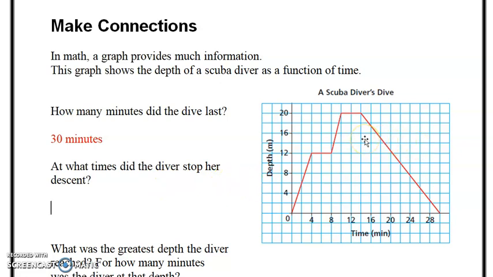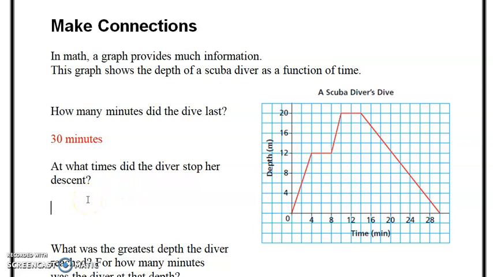So descent means continuing to go down. If any of you have taken Science 10 already, you've looked at these when you've looked at position time graphs and displacement time graphs and distance time graphs. So when time continues but the depth doesn't, that's when the diver stopped her descent.